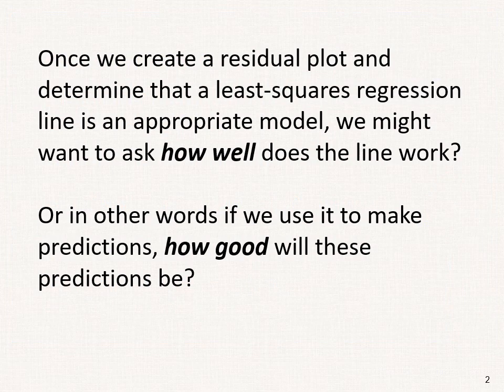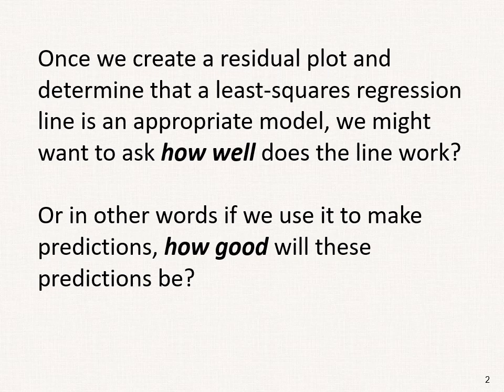All right, so once we create the residual plot, remember that is technically a scatter plot, but it's the explanatory variable, or x variable, plotted against the residuals. So we don't call this a scatter plot, we call it a residual plot. And remember that for a residual plot, we're looking for no overall pattern, or a random scattering.